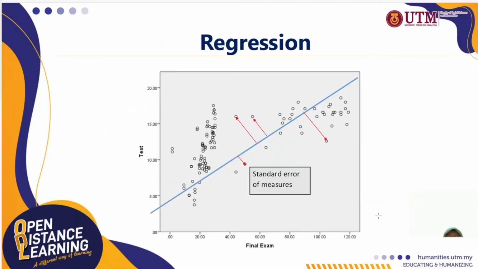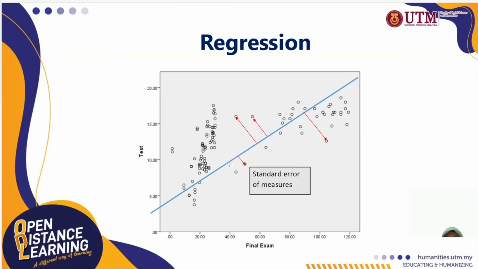Linear regression is about a straight line. You can see the straight line and where the data is scattered. The distance from the straight line to the data plot is called the standard error of measures.